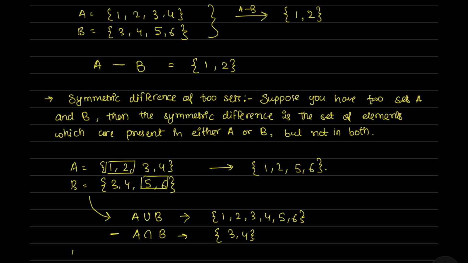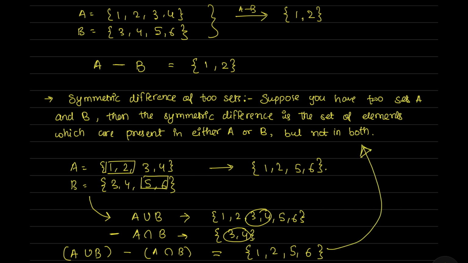So what will we get when we do A union B minus A intersection B? We just have to remove these two, right? 1 comma 2 comma 5 comma 6, which gives us the same set which we got using the definition.